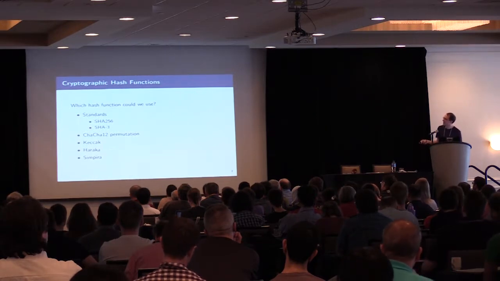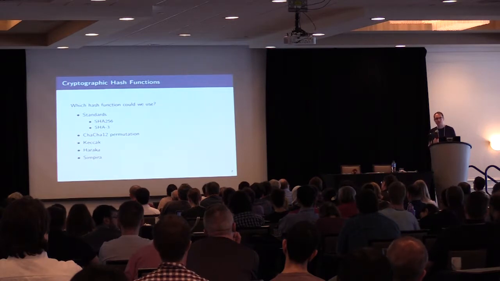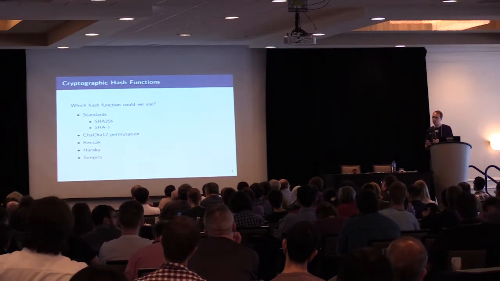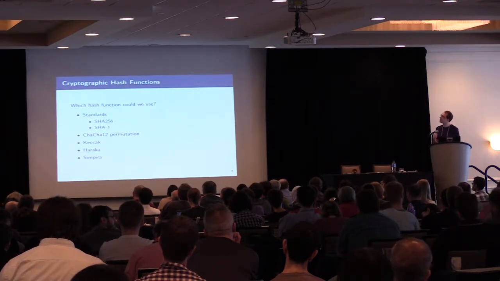Now I picked another few candidates which look promising. Maybe we should not use exactly the SHA-3 standard, but use something based on Keccak. Maybe there are better parameter choices which lead to better performance in SPHINCS+.